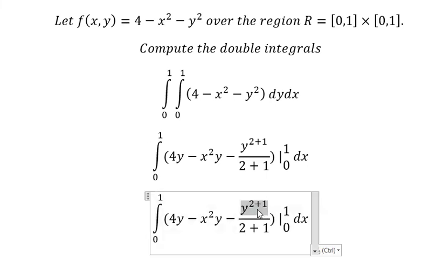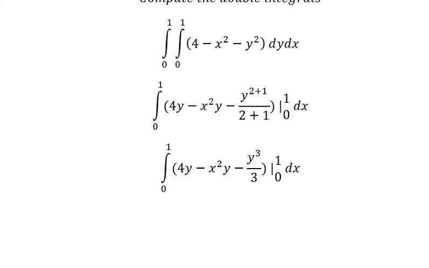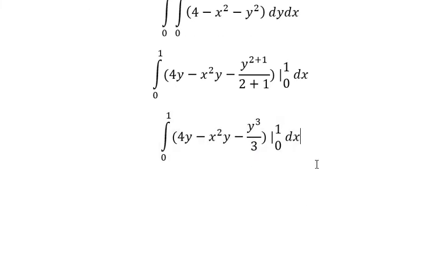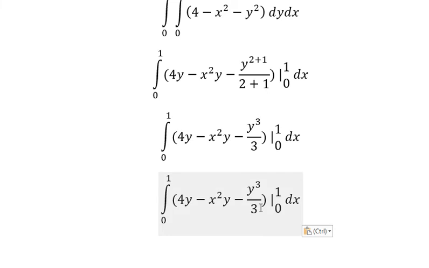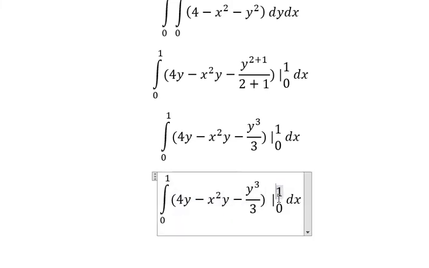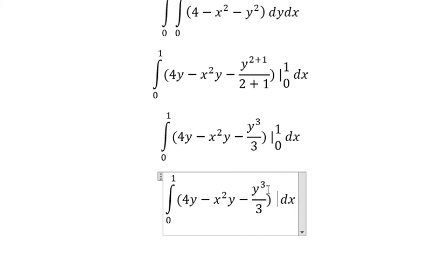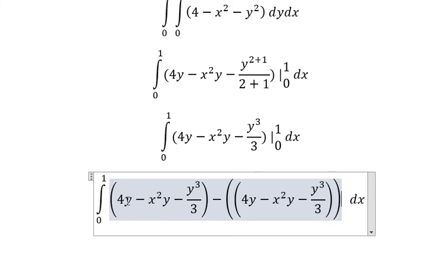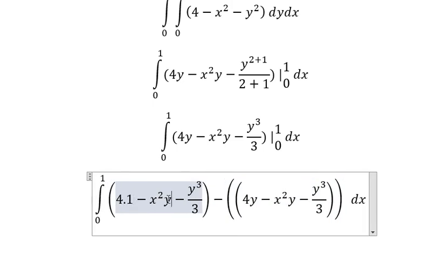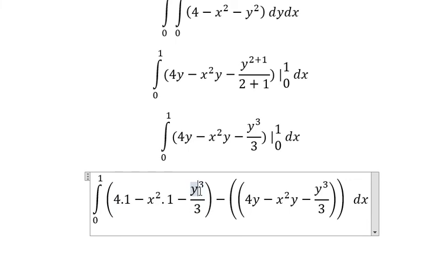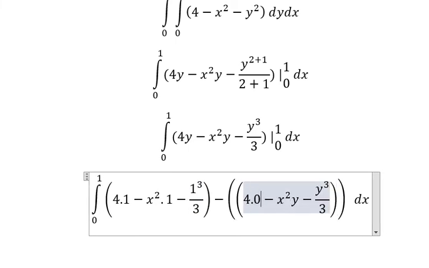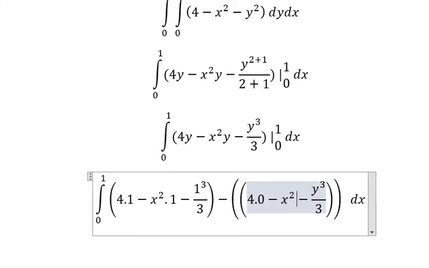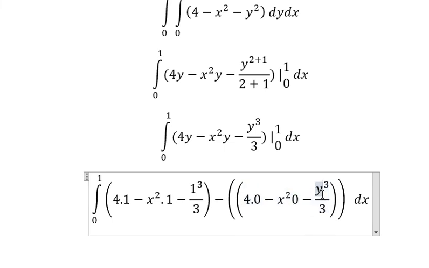So this one we have y to the power of 3, and this one we have 3. Now we put number 1 and number 0 in here. So I will put number 1 in here, number 0 in here, number 0 in here, and number 0 in here.